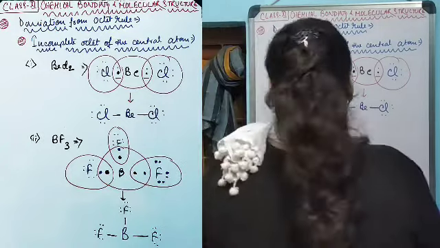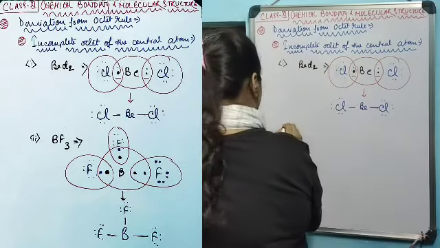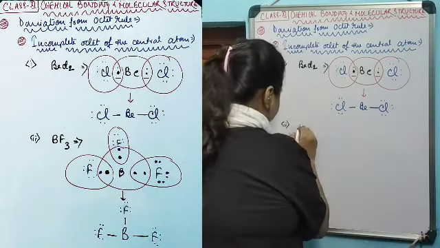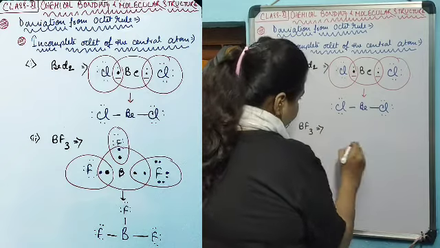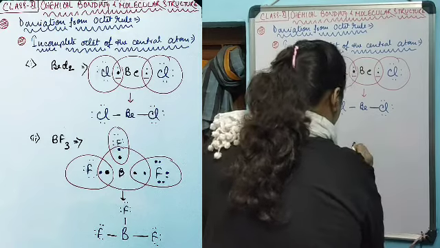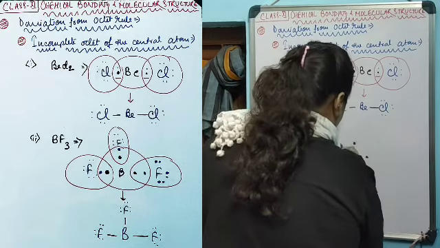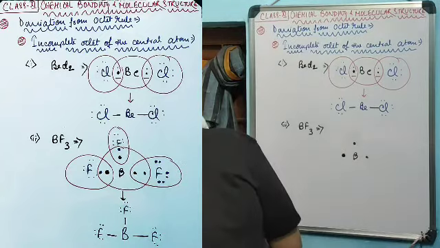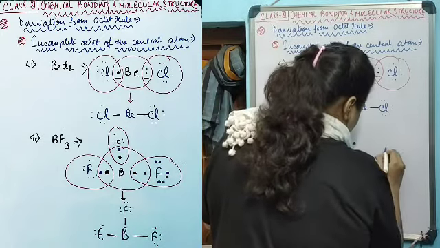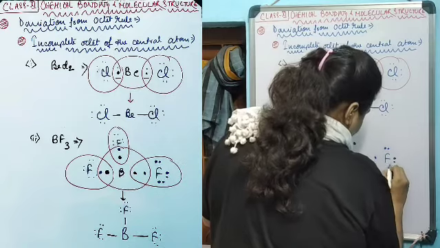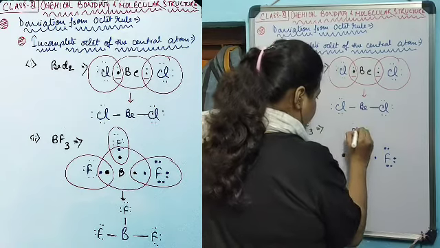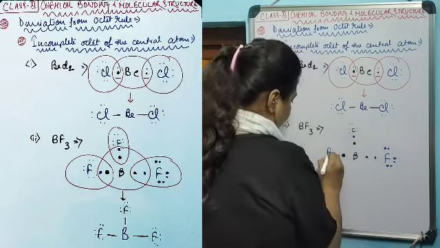Let's look at another example. The next example that we are going to study is boron fluoride, BF3. Now, boron contains 3 electrons in its valence shell, and there are 3 fluorine atoms present.